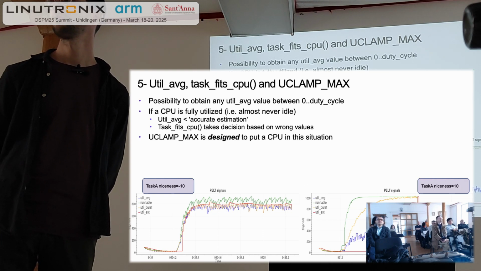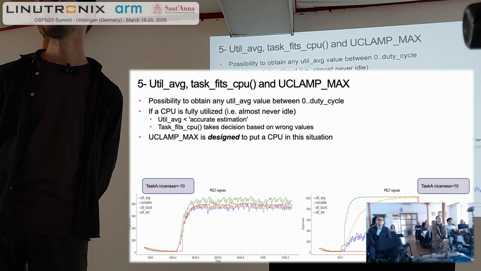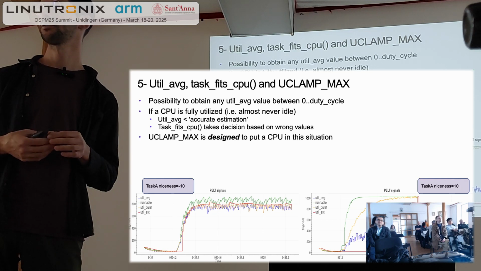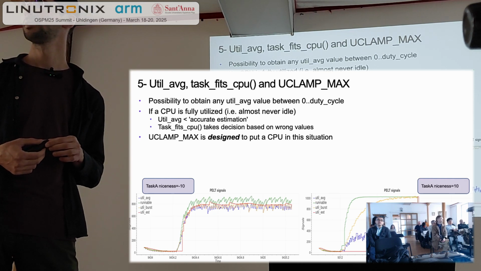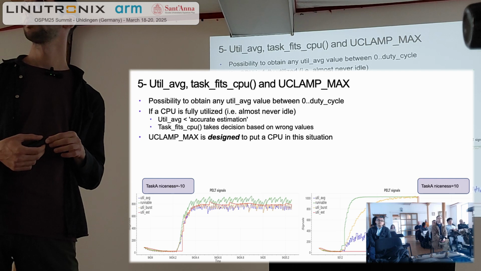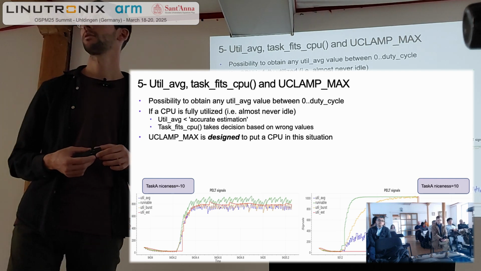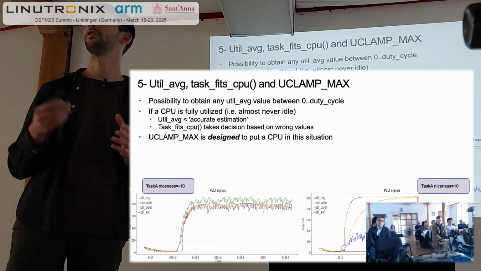How to accommodate uclamp max and niceness is not possible, I think. Because on some parts you say, I don't need a lot of performance, I don't care about the performance, and on the other side you say, I want to keep my CPU share.